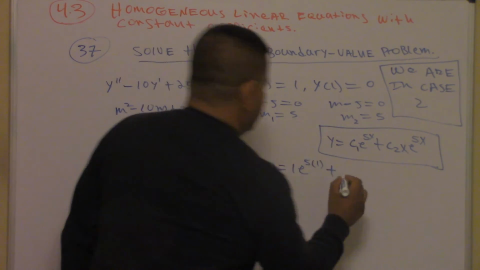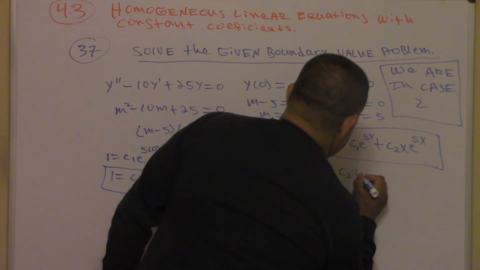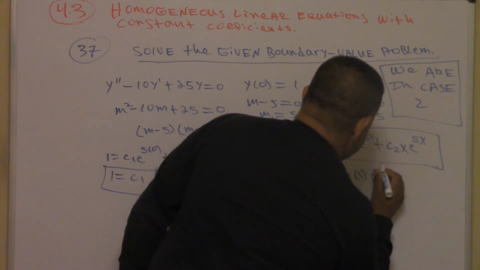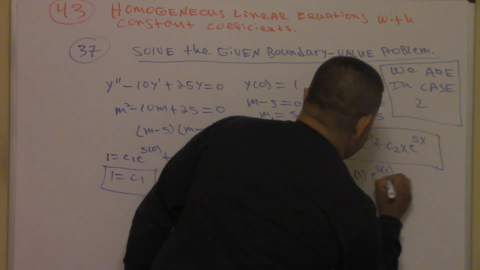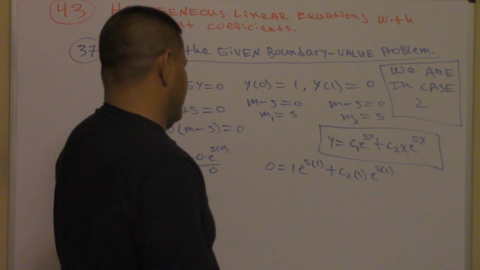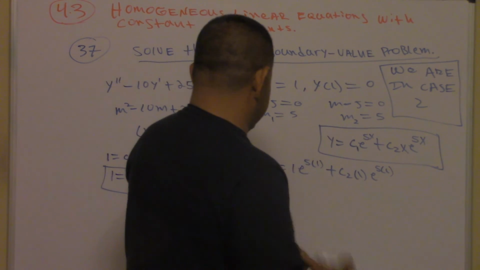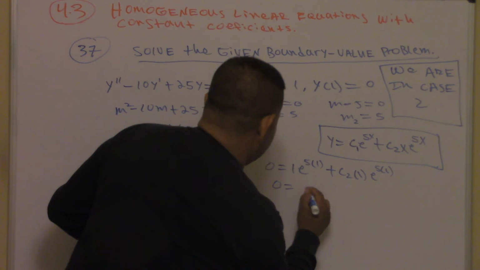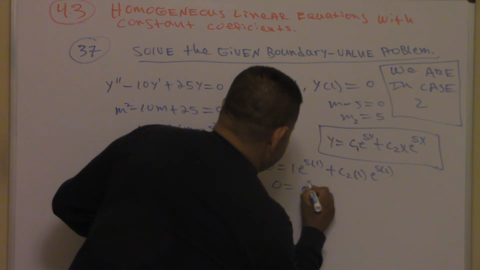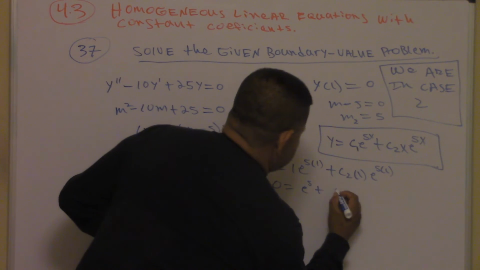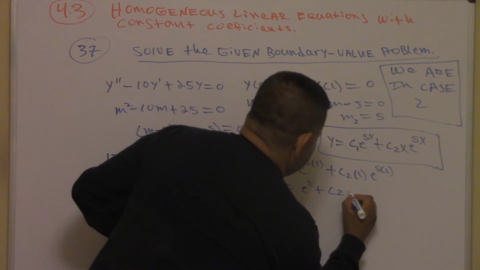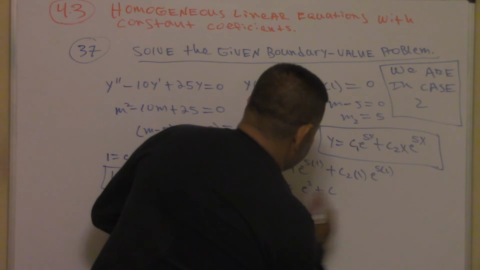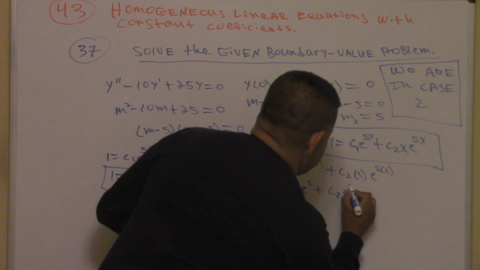Plus C2 times 1 times e to the 5 times 1, right? Now, notice that this is 0 is equal to e to the 5th plus C2 e to the 5th, right?